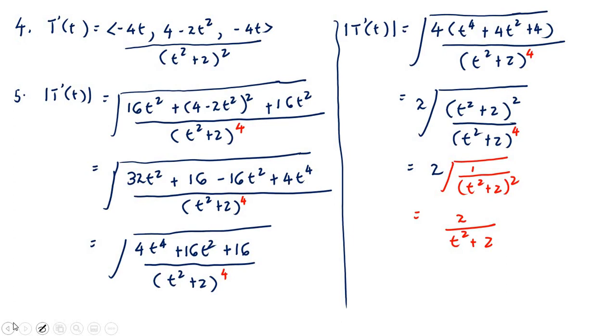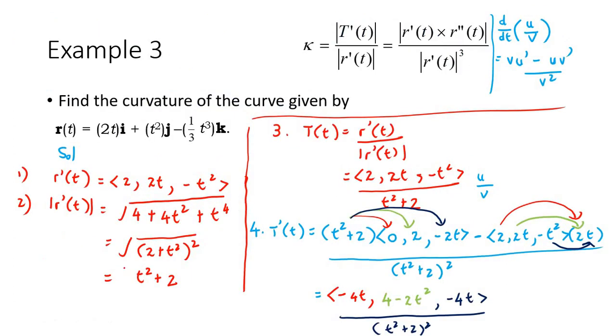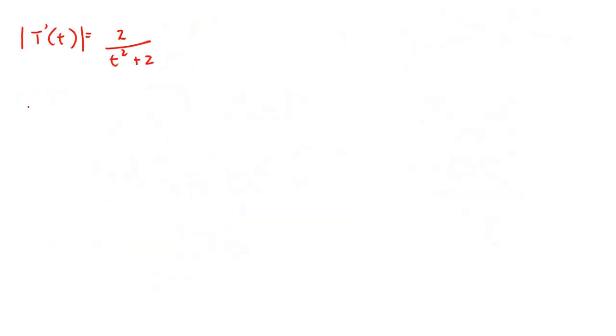Okay. So for T prime t, we get 2 over t squared plus 2. The magnitude of T prime t is 2 over t squared plus 2, and the magnitude of R prime t is t squared plus 2.